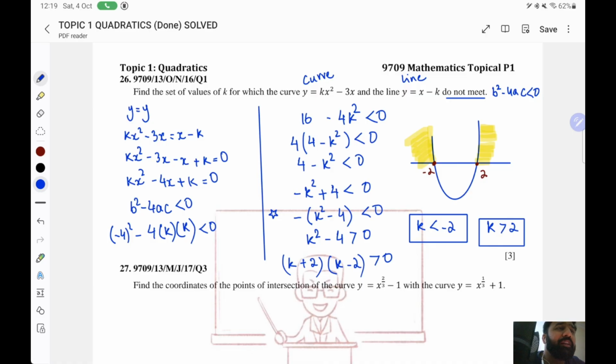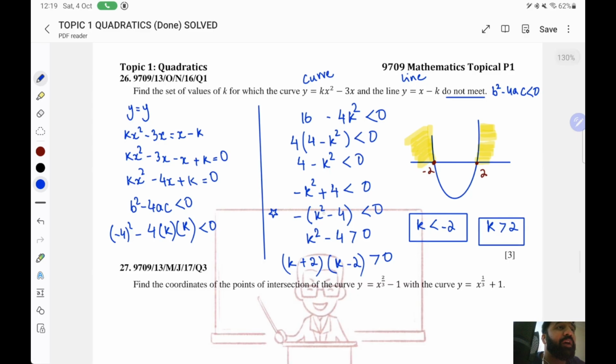And to make it that, I will take a negative as a common factor, because it has to be in the form of k square minus 4. Earlier it was 4 minus k square. So to make the arrangement, I have rearranged it so that it becomes k square minus 4.